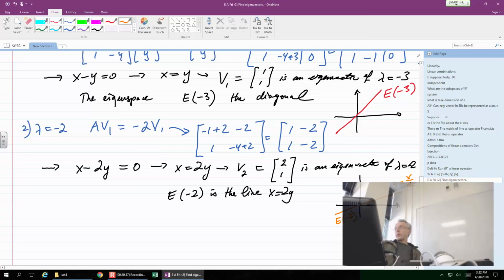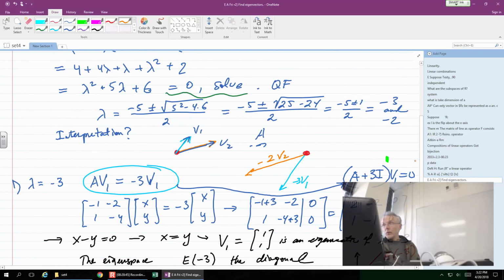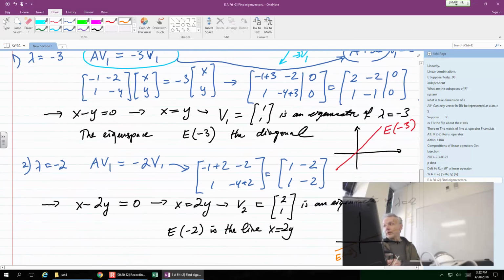Okay, so at that point we are pretty clear about what's happening. That picture that I started over here, I drew the eigenvectors randomly, but they are not that different from what we ended up with. They're very, very similar, in fact. And now we know what A does.